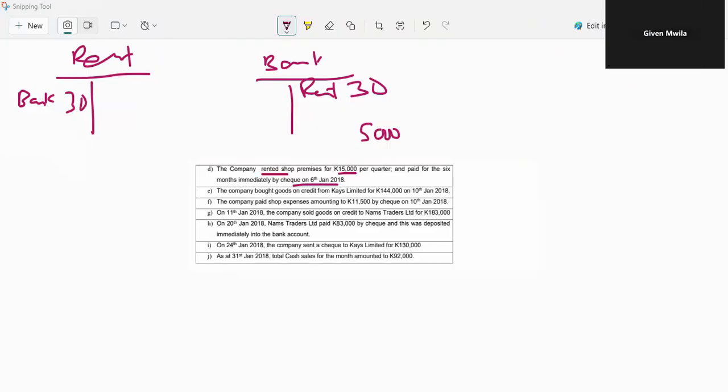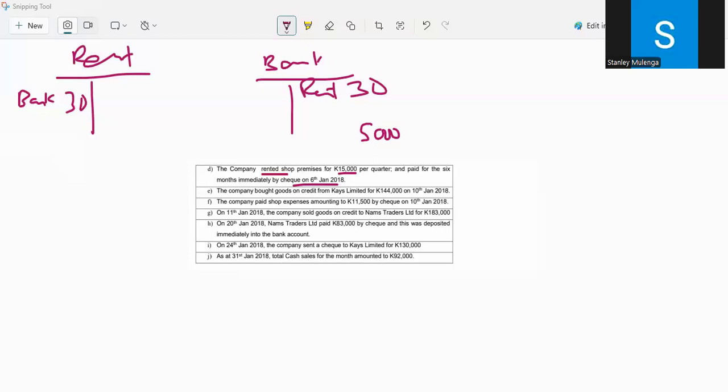So a quarter is how many months? 3 months, yes. Okay, so meaning we paid for how many quarters? 2 quarters. Yeah, because they're saying 6 months.